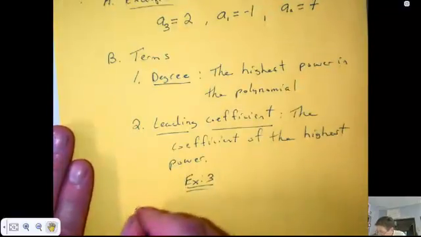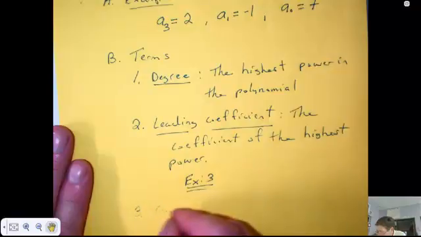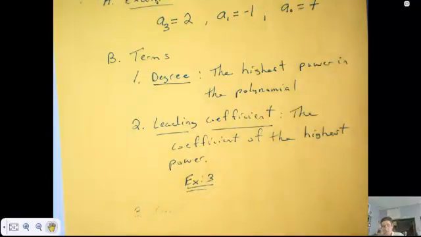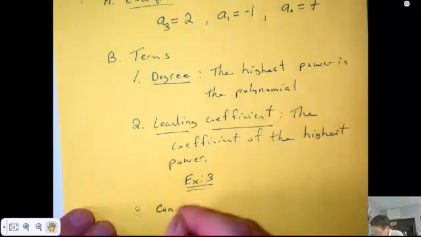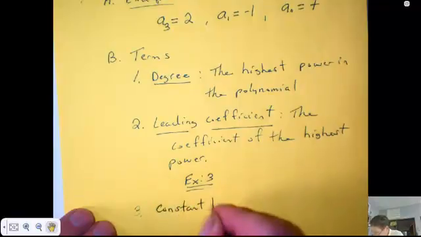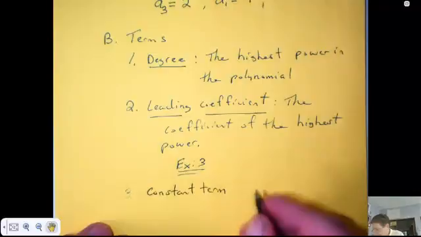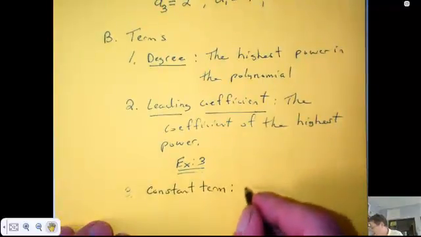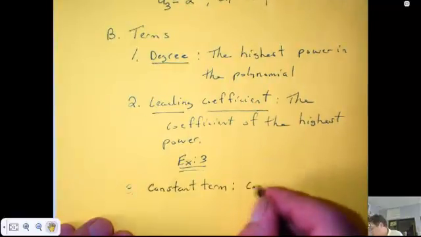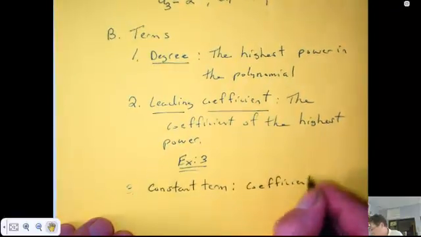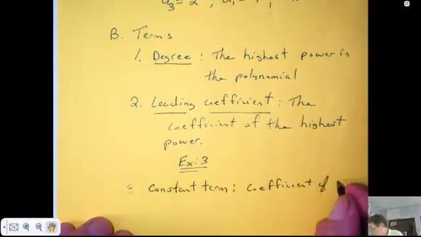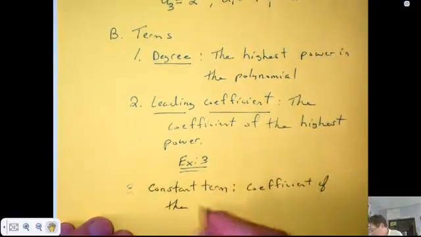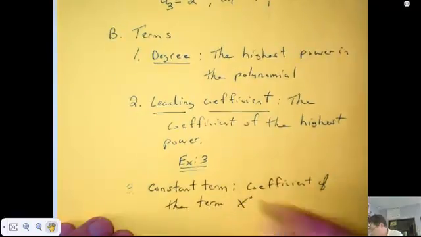And the other one that comes up is the constant term. And of course, we could define this as the coefficient of the term x to the 0, right?